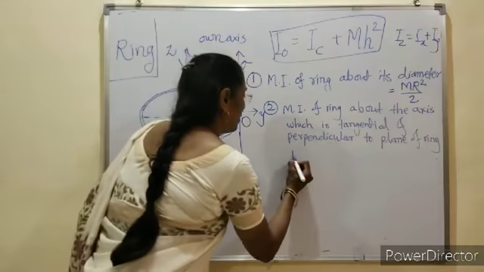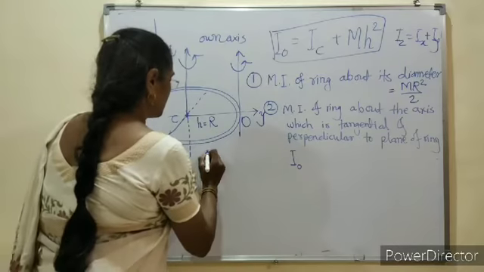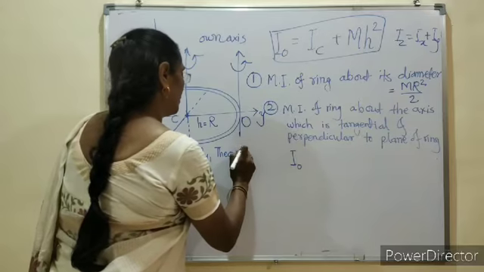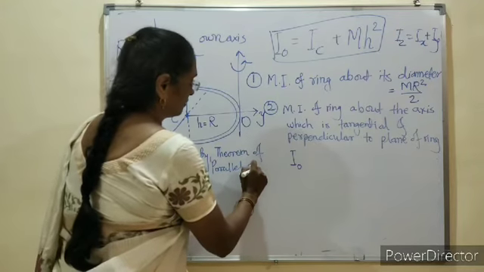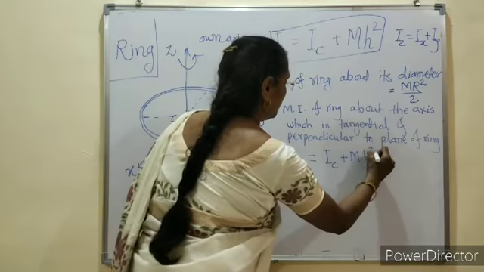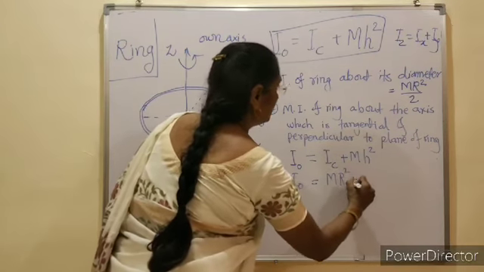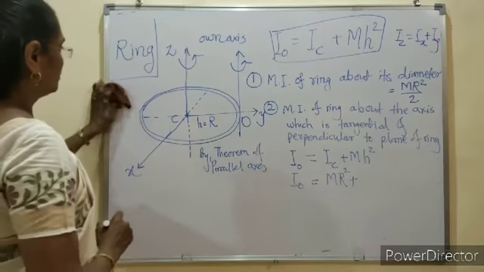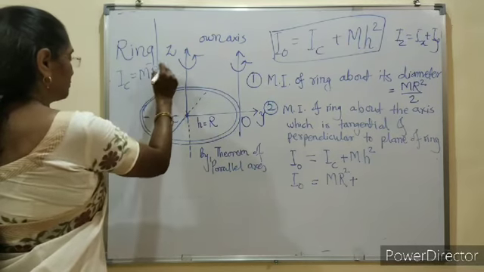We write here by considering the theorem of parallel axes: IO is equal to IC plus MH square. This is very simple. Here IC is given, it is MR square, the expression for the ring which we have noted somewhere.